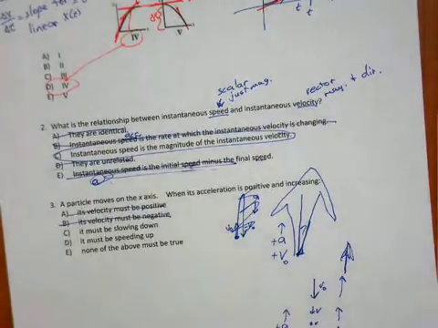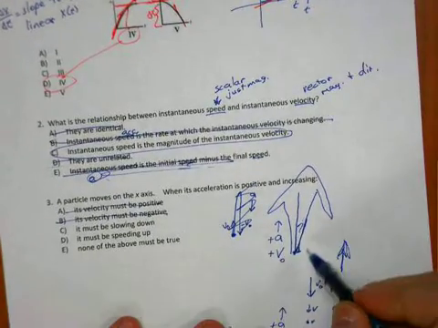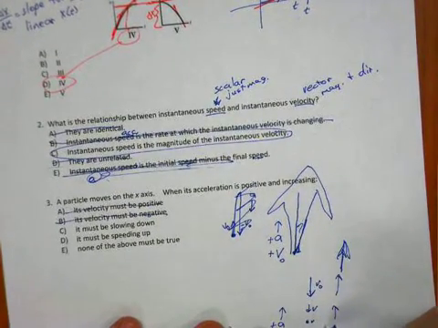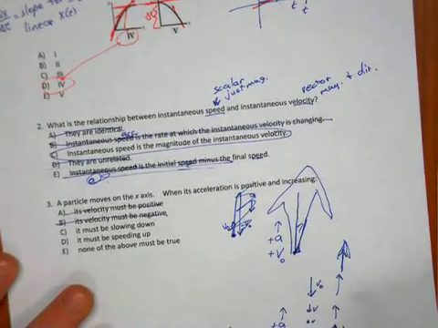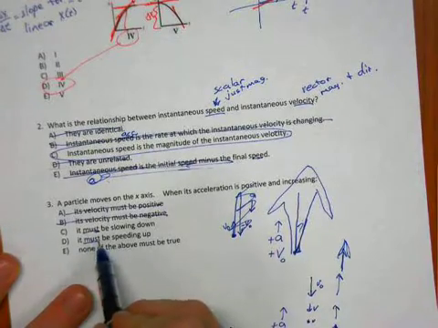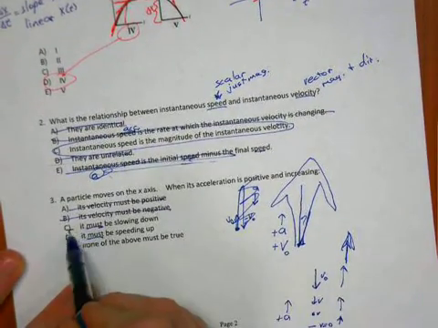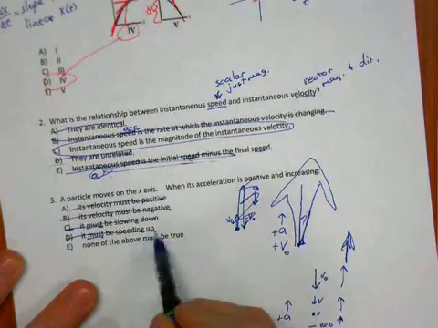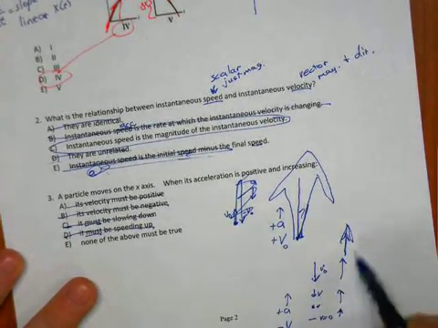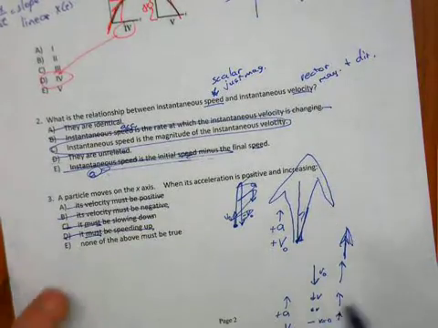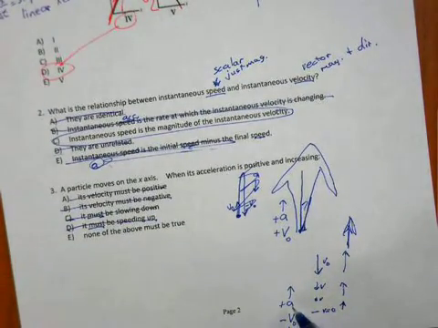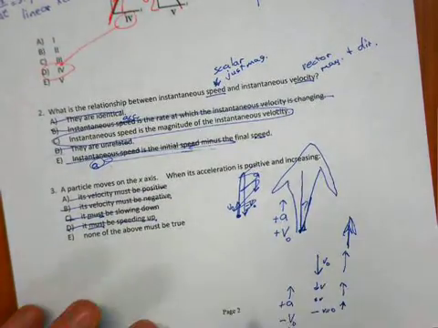It's like the inverse of projectile motion. The object's coming down, slowing down, stopping, and then speeding up in the different direction. So in either of these cases, the key word here being must, you cannot say that it must be slowing down, and you cannot say that it must be speeding up, because it could be doing both in one trip. If it's going in the opposite direction of acceleration, it's slowing down. If it's going in the same direction as the acceleration, it's speeding up.